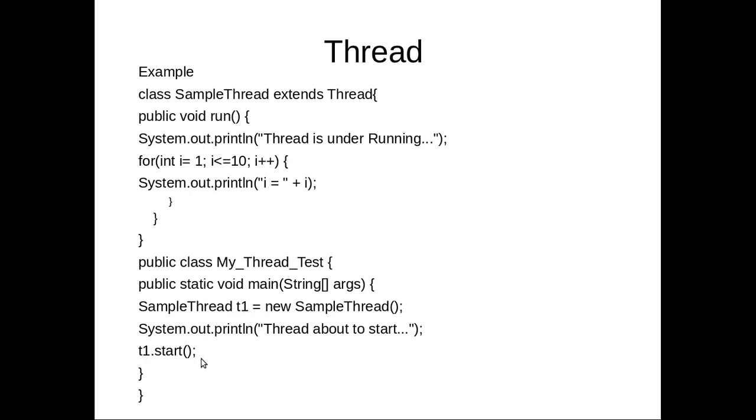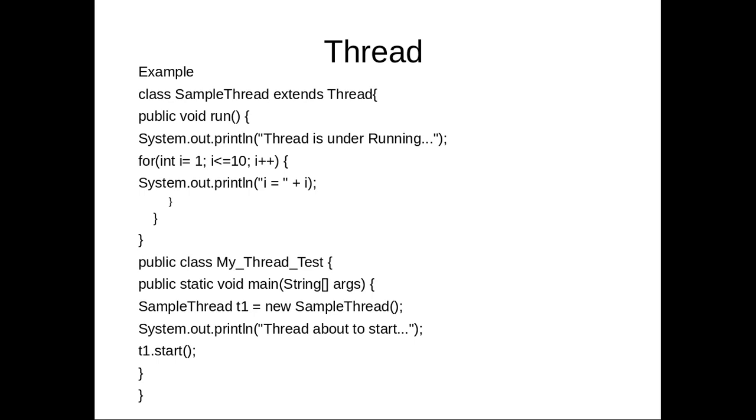Instead of t1.run, you are going to have t1.start. When that t1.start is executed, what will happen? It will print thread is under running, and for i equal to 1 to n, that will run. After completion of that, it will terminate. That program will be terminated.